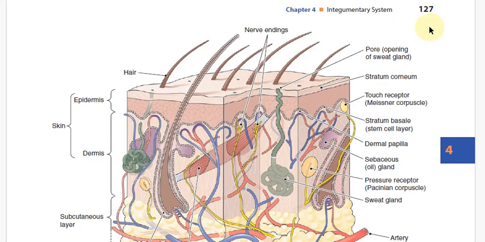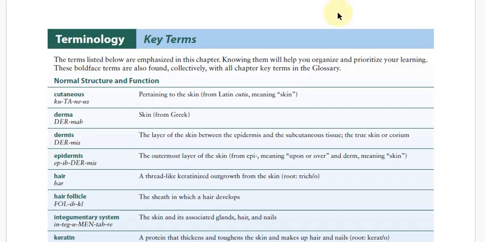Here we have a better picture of the integumentary system, a detailed one, as you can see. But for the moment, we work on the terminology and the key terms. The terms listed below are emphasized in this chapter.